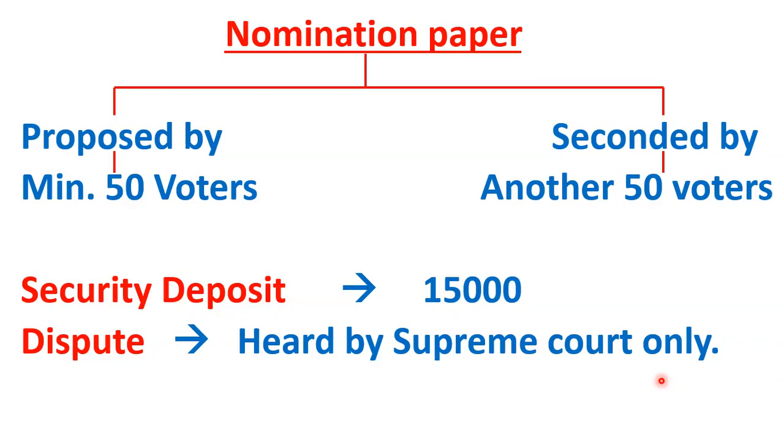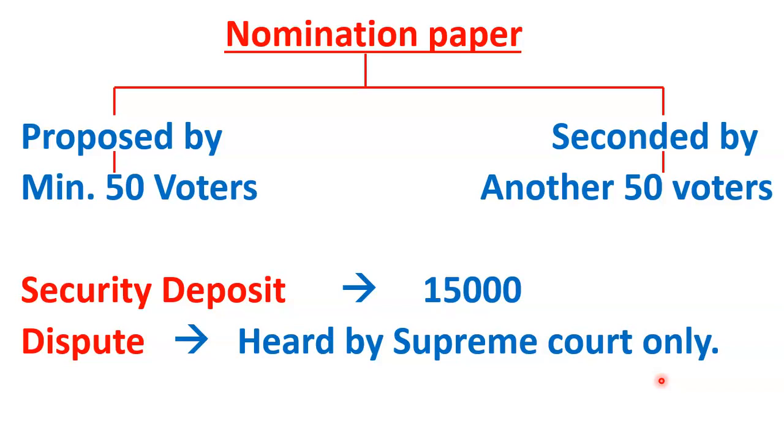And friends, the decision of the Supreme Court is binding in this regard. If the Supreme Court hears the case regarding the election of the president and passes the decision, then the decision is binding on all the candidates.